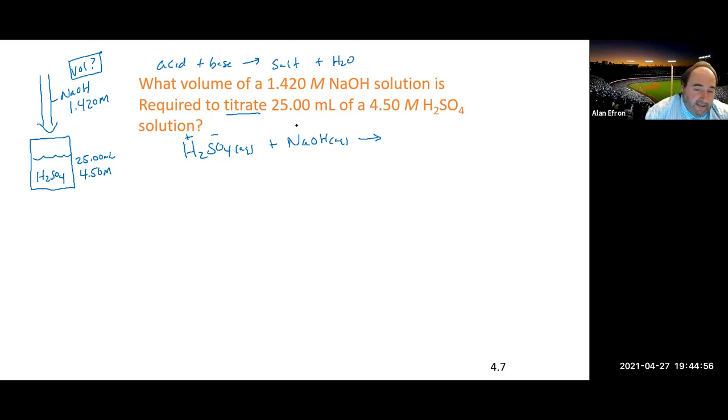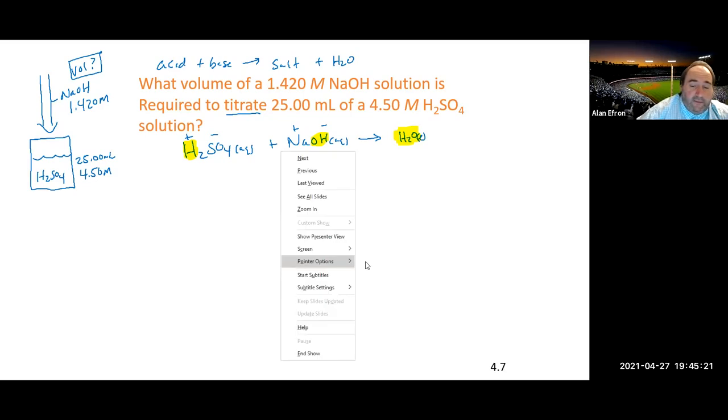That's positive, negative. That's positive, negative. But where does the water come from? The water comes from the H from the acid and the OH from the base. And where does the salt come from? It comes from the other two things that are present, the sodium and the sulfate coming together.